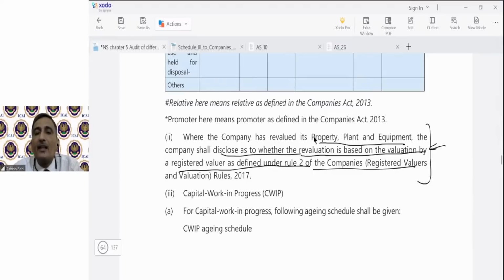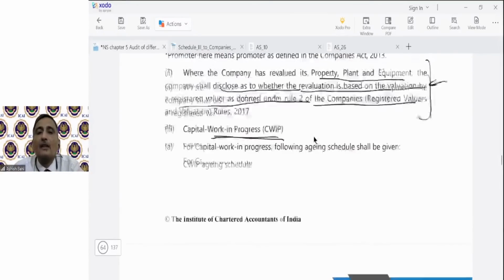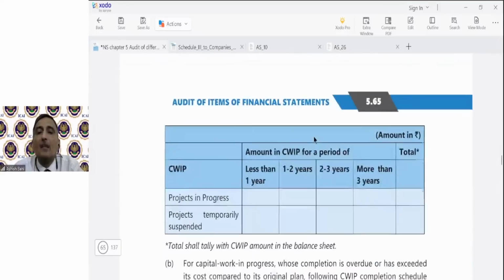And the third disclosure is relating to capital work in progress. Now, if there is some asset which is under construction, this is shown as capital work in progress. So these are like projects in progress, and ageing is to be given: less than 1 year, 1 to 2 years, 2 to 3 years, more than 3 years.